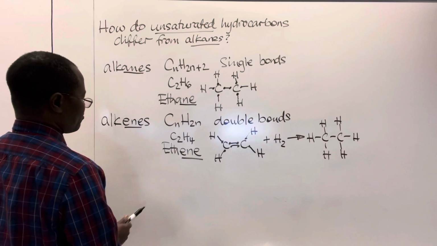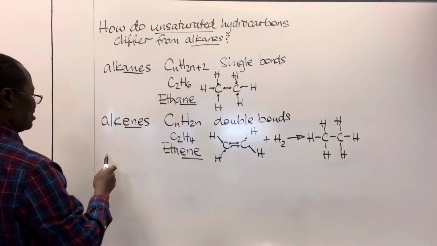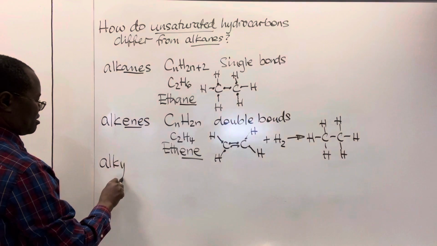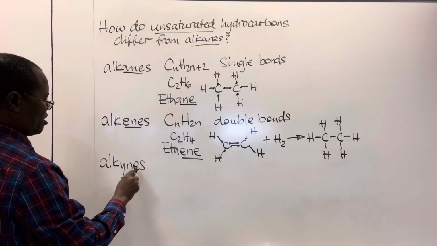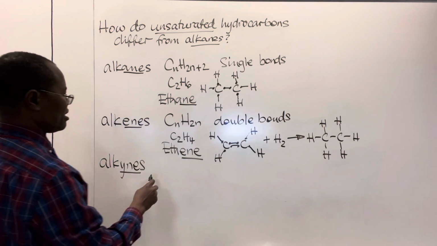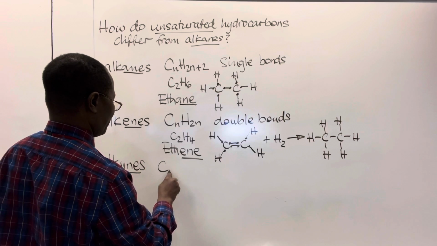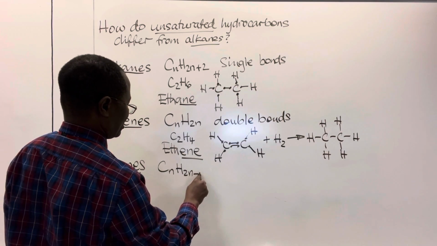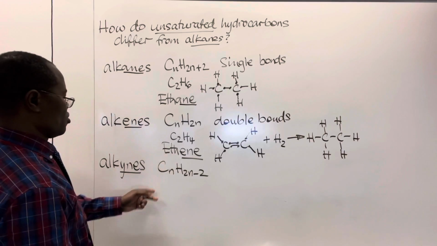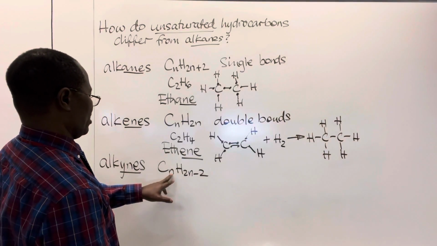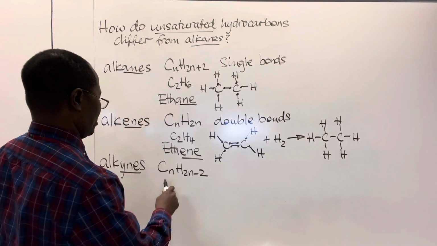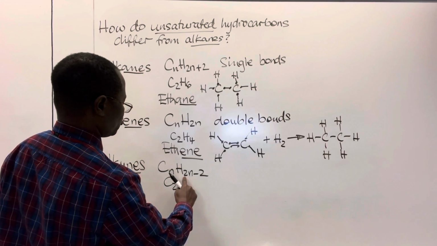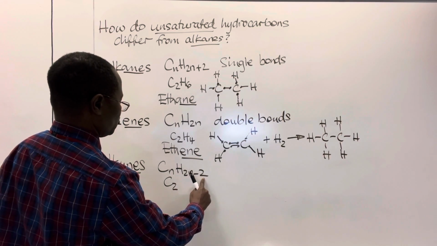Now, another one we can look at which is unsaturated is the alkynes, with a Y. This one has a general formula of CnH2n-2. Again, if n equals 2, then we have 2 carbons, and 2 times 2 is 4, minus 2 is 2.